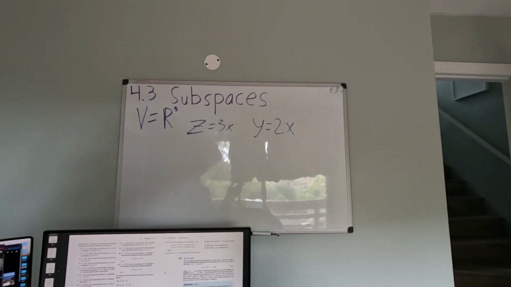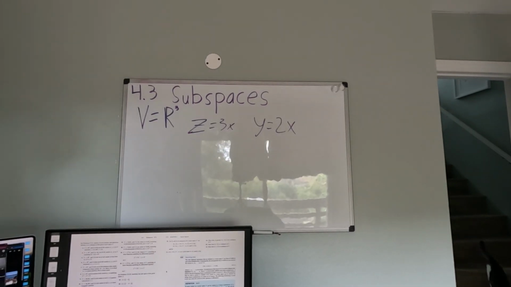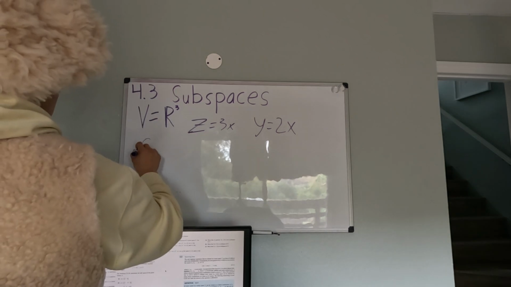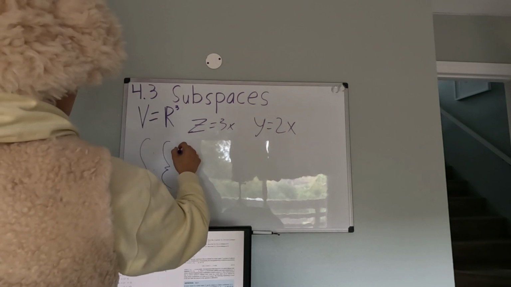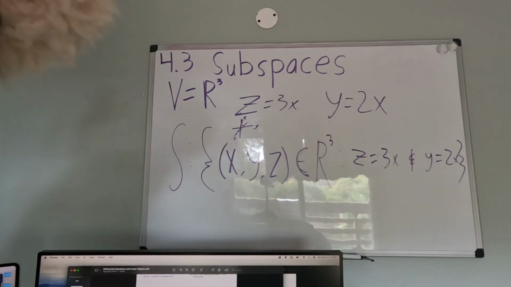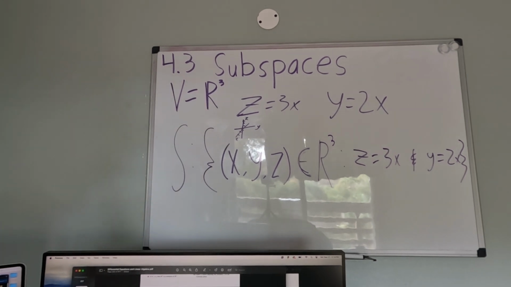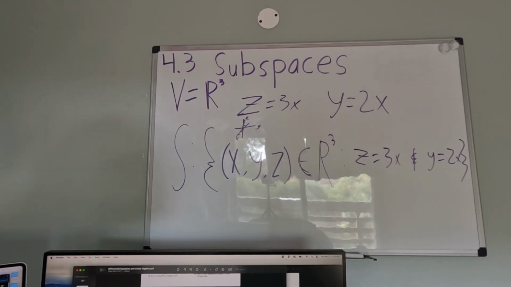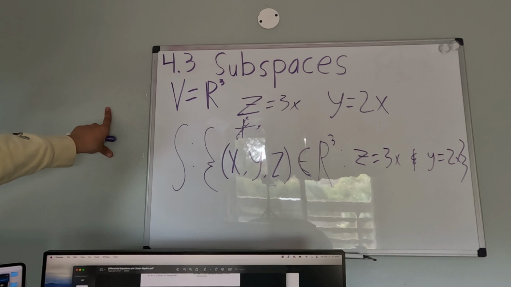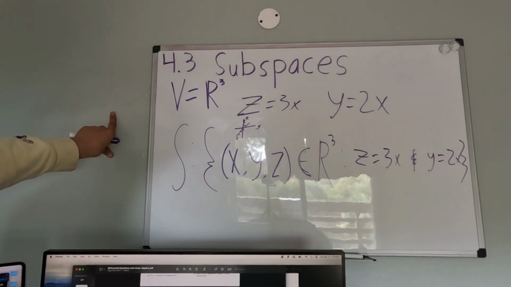So all we're doing for this question is answering yes or no. Is S a subspace? When it comes to checking if it's a subspace, the first thing you want to do is check if the zero vector is in it.